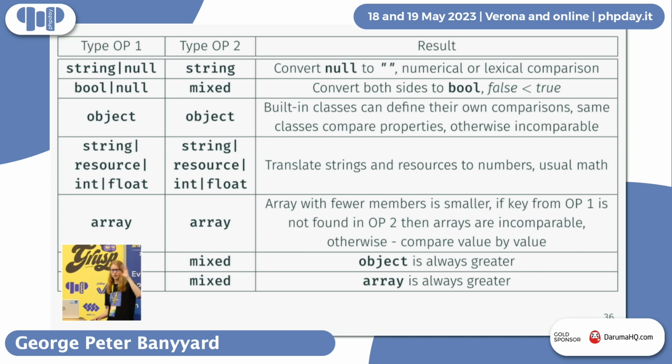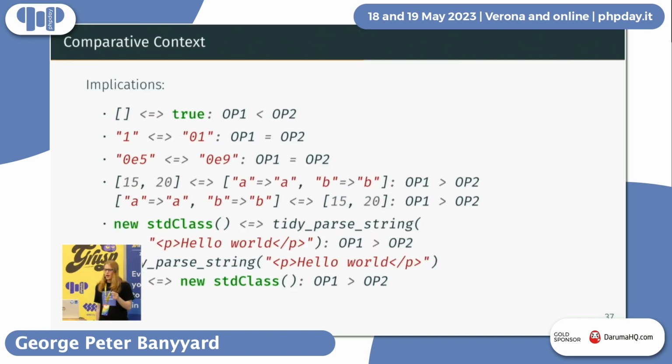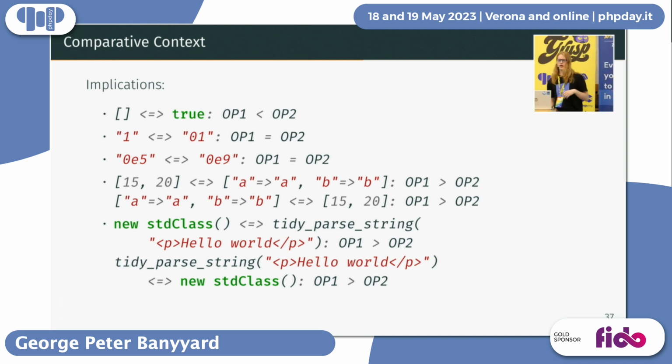Object compared to whatever, object is always greater. Array compared to whatever, array is always greater. Which implies kind of this. An empty array gets converted to a Boolean if you try to compare it with bool, and obviously false, because an empty array is false, is less than true. The second one is the one which I hate, with the third one as well.